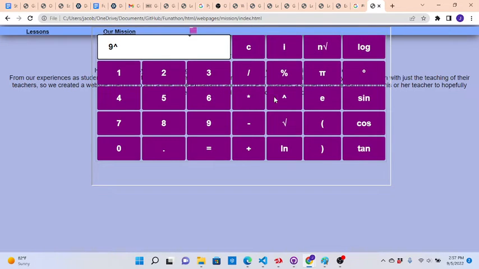So it can do exponents, it can do sine, and it can do many other complex processes. The calculator was built in JavaScript, and it can allow students to do a lot of things so that they don't have to have an outside calculator. It's all built in here.